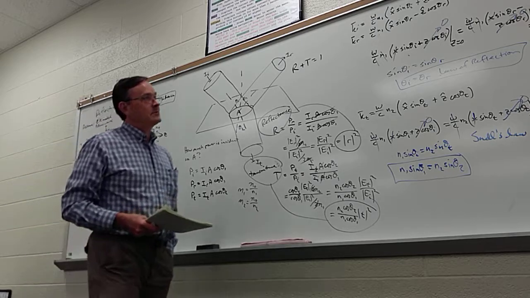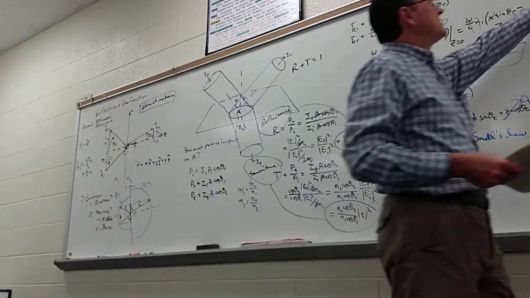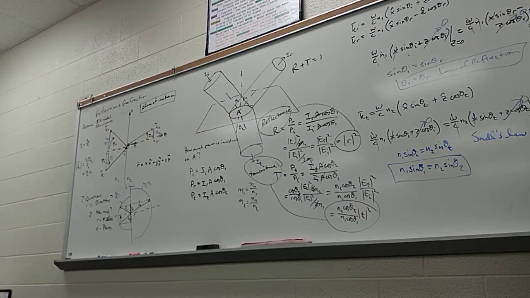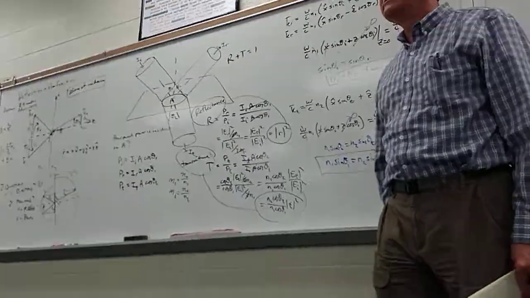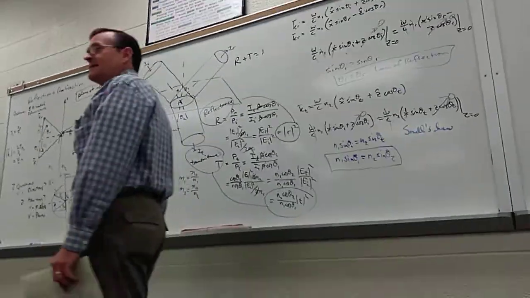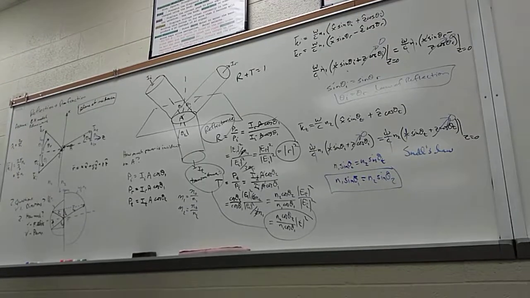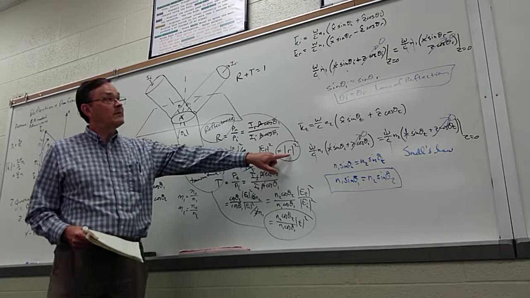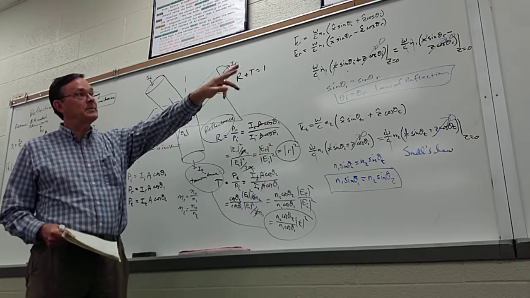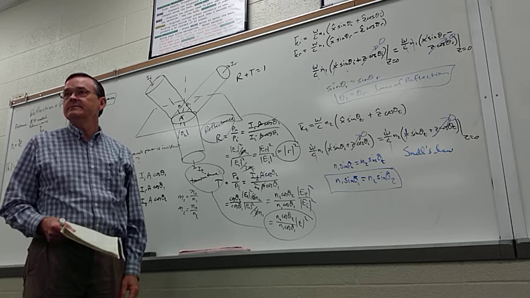Well, over here we did everything in terms of out of plane and in plane polarizations. We broke them up. But we didn't say anything about that over here. So our reflection coefficient here, we have either R_S or R_P depending upon which polarization state we have.